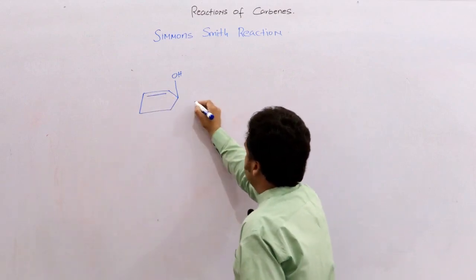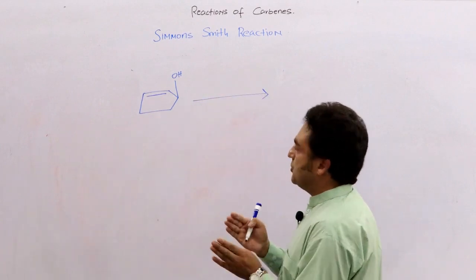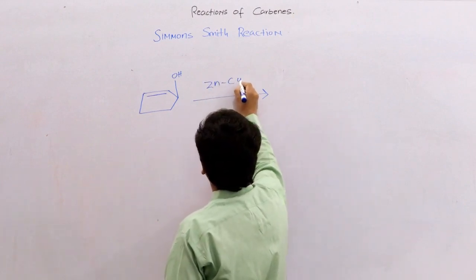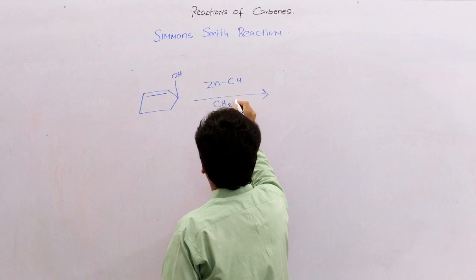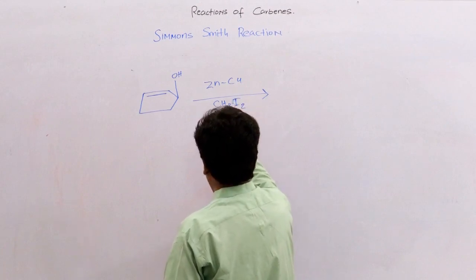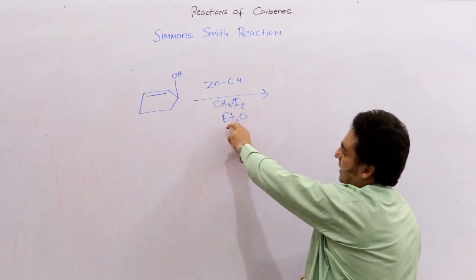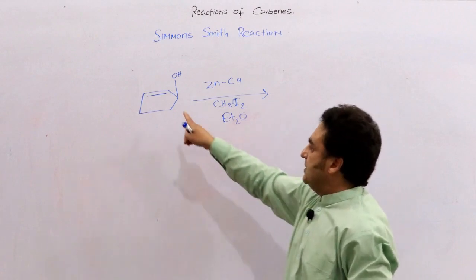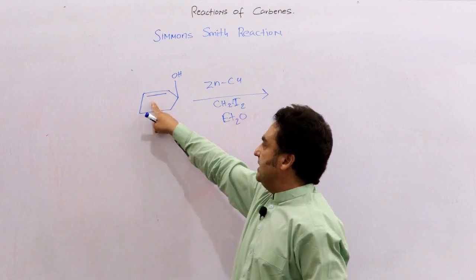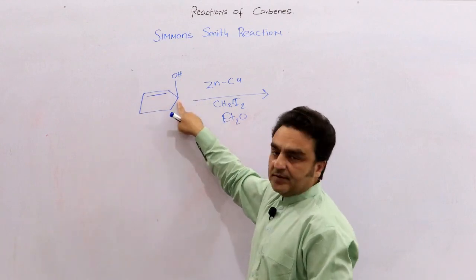Now, the Simmons-Smith reagents like zinc, copper, CH2I2 in diethyl ether, or a little bit of heat, were placed into this alkene, because they wanted to study how this alkene will behave, as it now has an OH group on its allylic position.